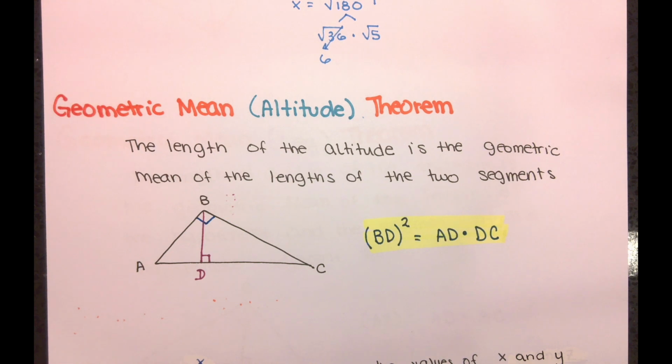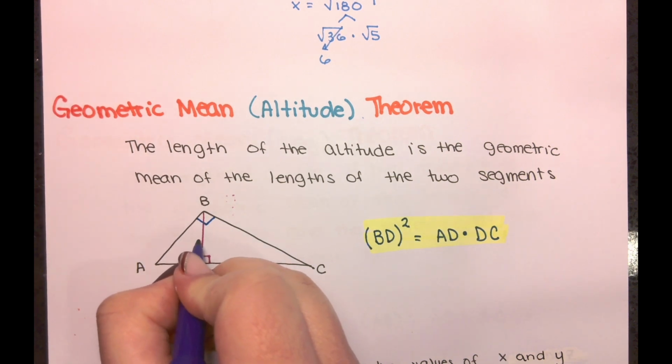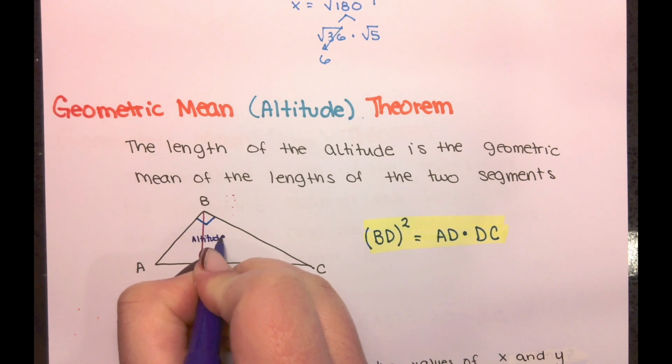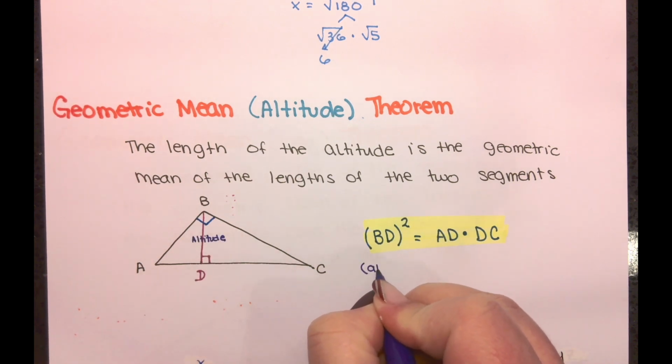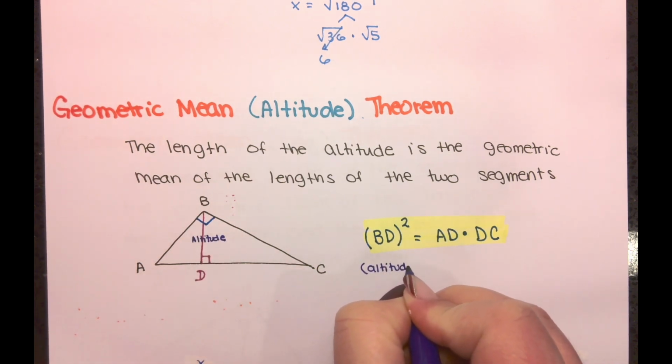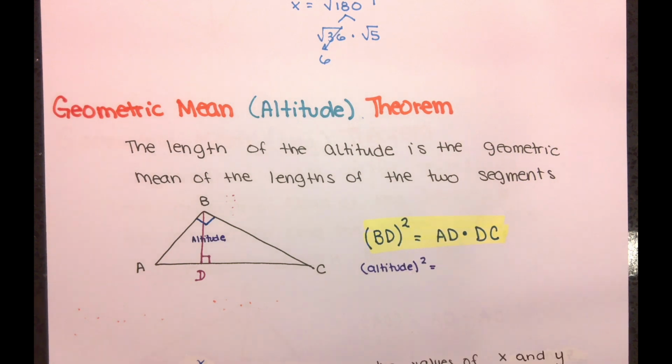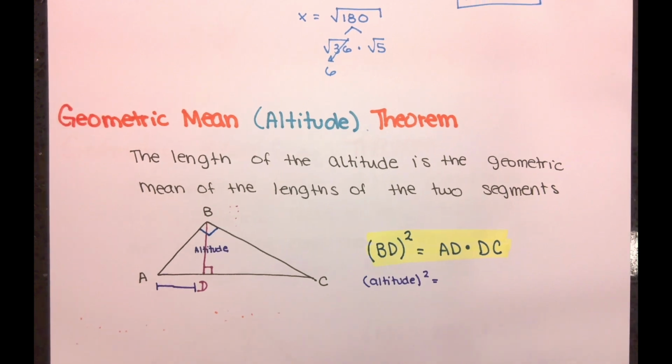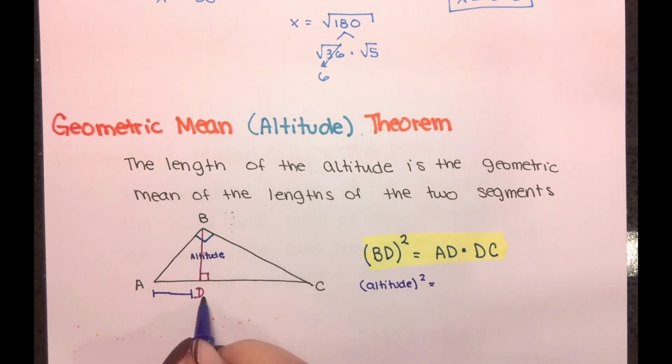And what this is that we have, let's go ahead and separate that. We have one triangle. BD is the altitude. So we have the altitude squared is equal to AD times DC.